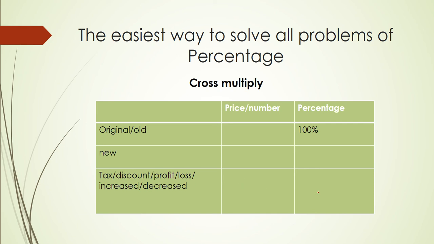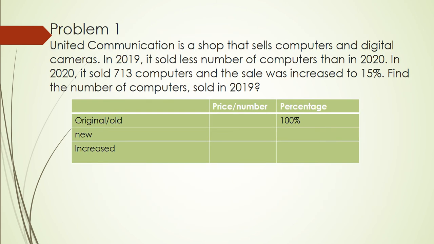And the percentage, which might be an increased or decreased one, we will write over here. If the percentage is increasing, like when we are talking about tax or profit or an increased value, we are going to write 100% plus the said percent. And if it is decreased, then we are going to write 100% minus the said percentage. Let's find all these types of problems in our word problems.